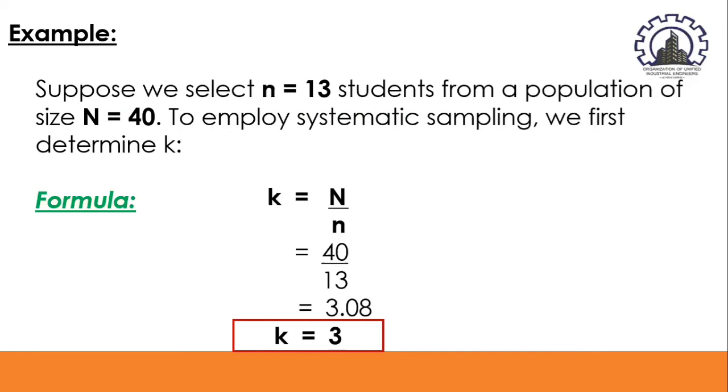In this case, your population is 40 students divided by 13 students because we need to select 13 out of 40. So that makes it 3.08. Now, how come we only have a final answer of 3? Because remember, there is no half student, there is no 1/4 student, okay? So meaning to say we should make use of 3, a whole number, okay?